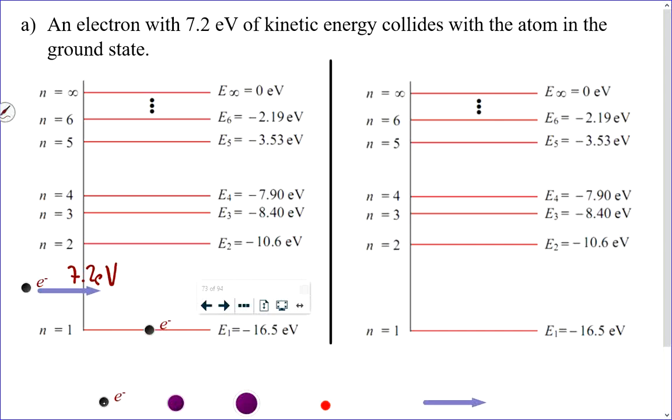What this means is that when this bombarding electron hits the atom, it actually hits this electron that's in the ground state. If the bombarding electron is able to give energy to the atomic electron, then the atomic electron would go to a higher level. Right? And the bombarding electron would lose some of its energy.